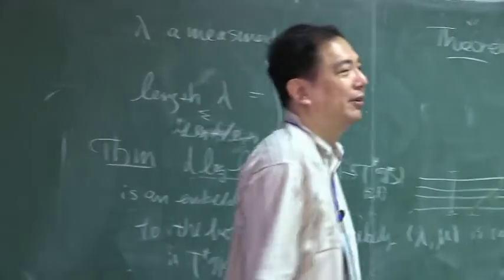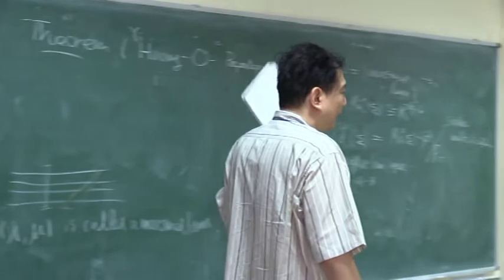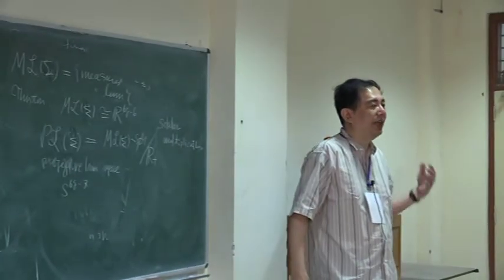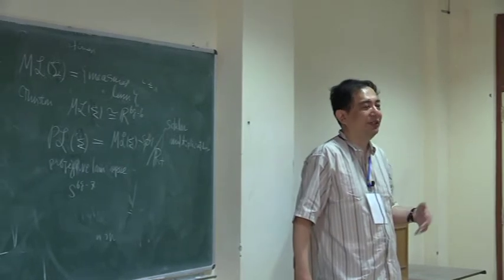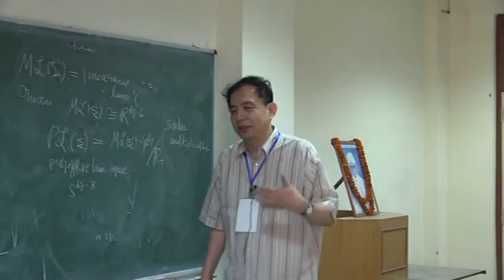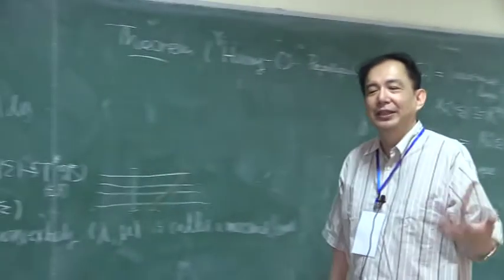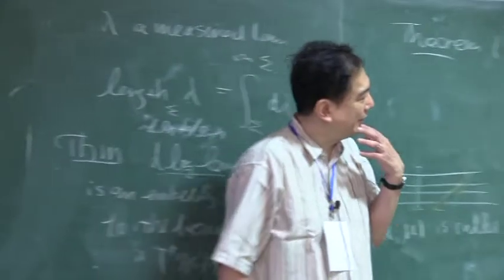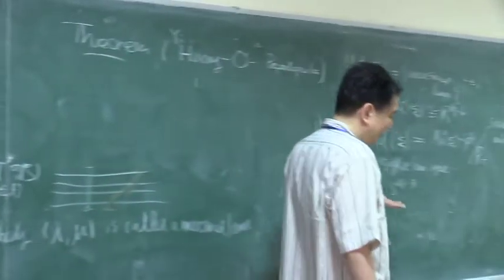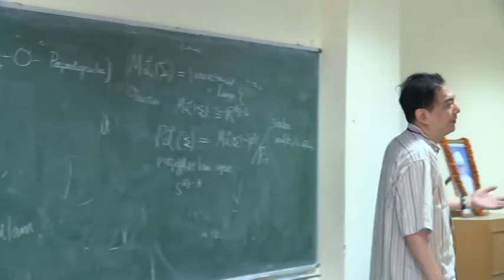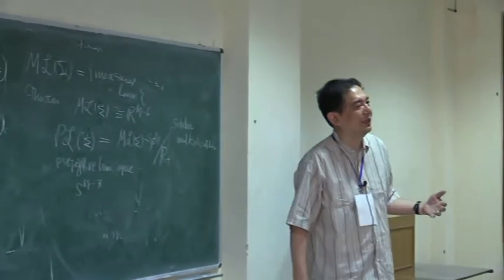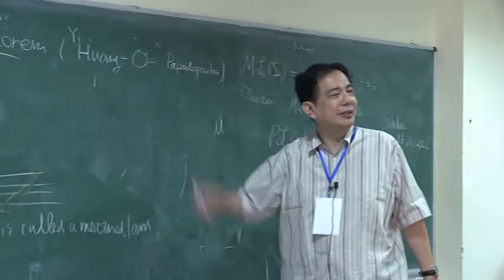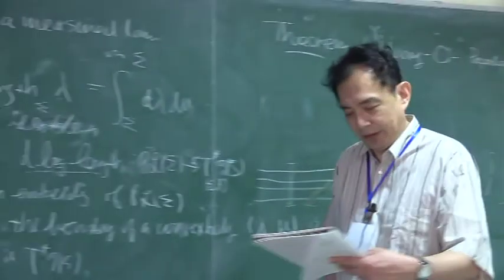This is an analog of Royden's infinitesimal rigidity theorem. The day before yesterday, I talked about Royden's theorem and its infinitesimal version. So this corresponds to the infinitesimal version of Royden's theorem.